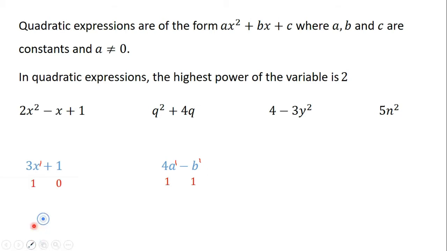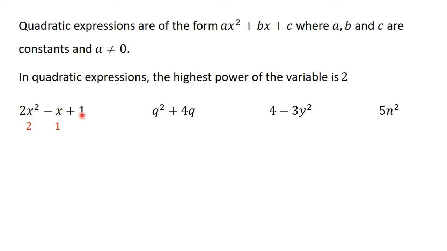Now, let's apply the same thing to what we have here. Let's consider the first one, 2x squared minus x plus 1. This expression has 3 terms. The variable here is x. The first term is 2x squared. The power of x in this term is 2. The second term is x. The power of x is 1.